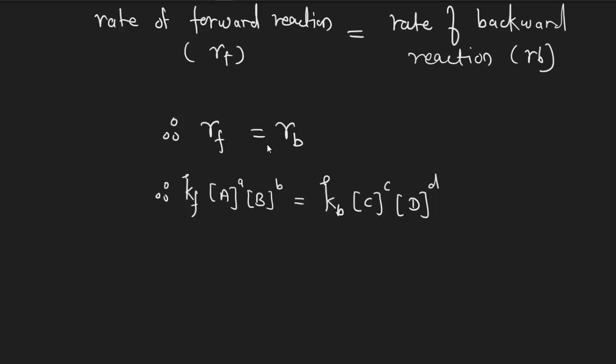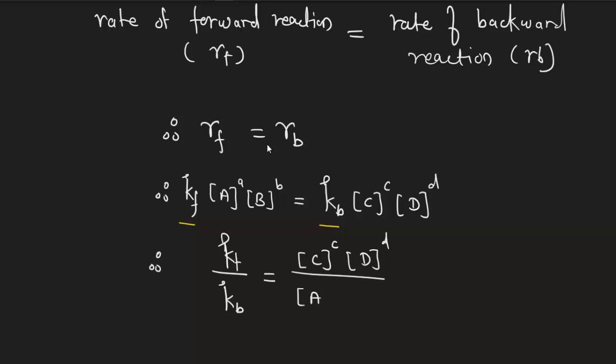Now let us take the common terms to one side: Kf and Kb to the left hand side, and the concentration terms to the right hand side. Then we get Kf upon Kb is equal to the remaining terms as they are.